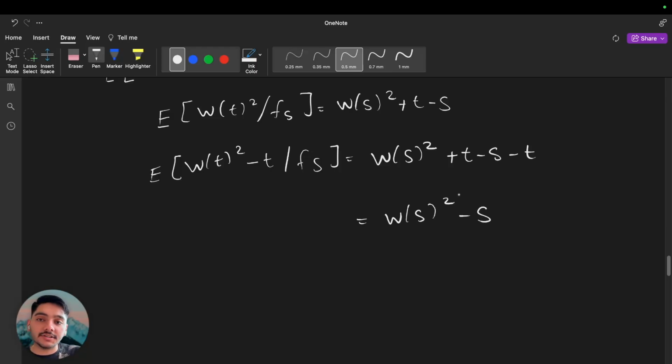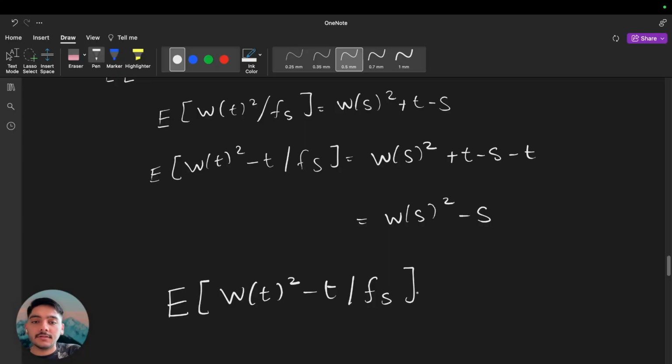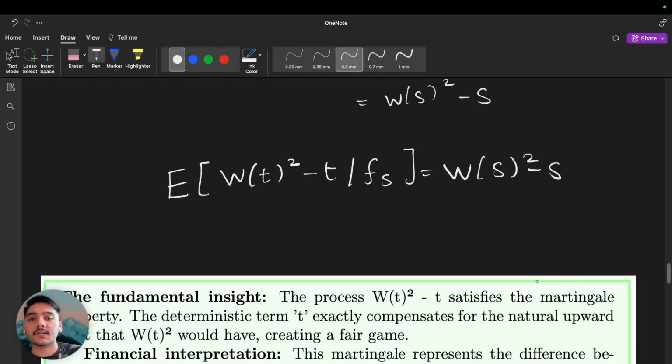So this establishes our martingale property: the expectation of Wt² − t given Fs is equal to Ws² − s. So let me just wrap it up.